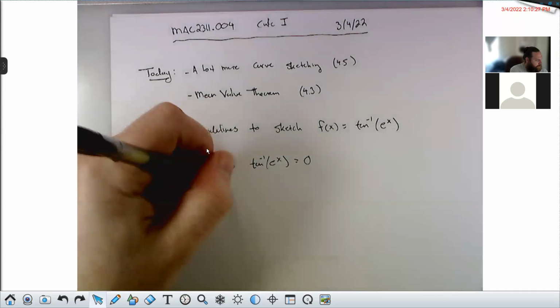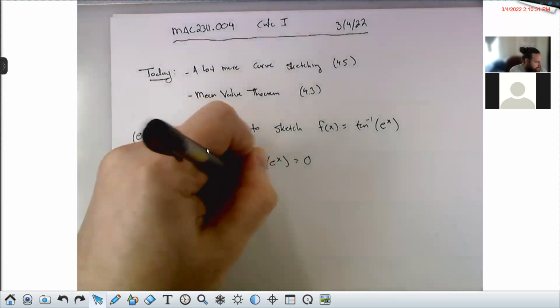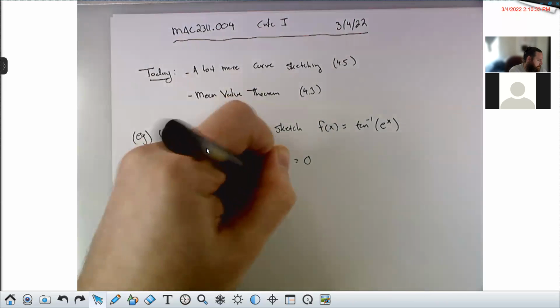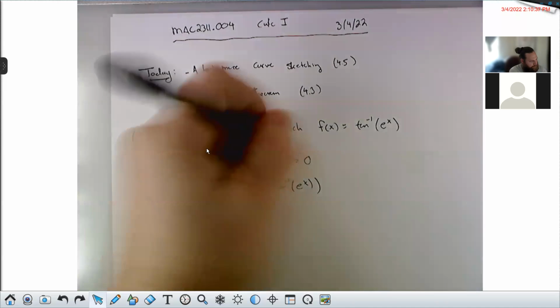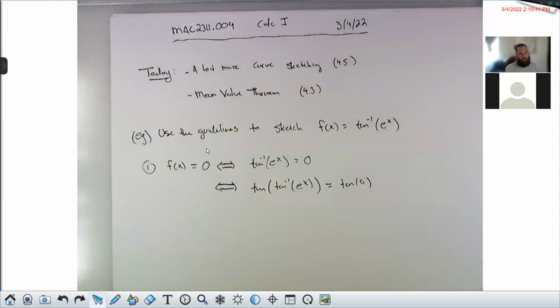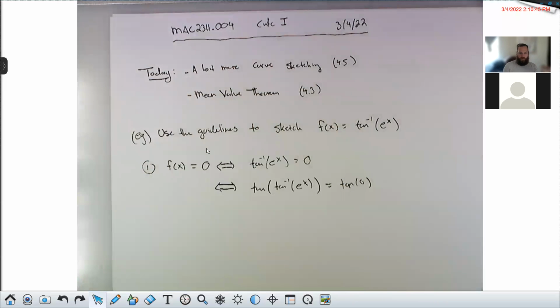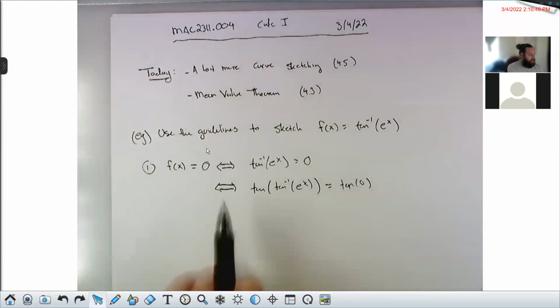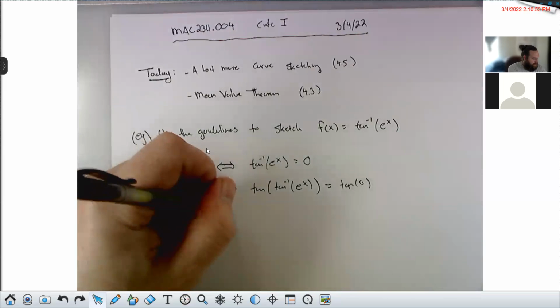You can solve this equation by taking the tangent of both sides. Just like you can use inverse tangent to undo tangent, you can use tangent to undo inverse tangent. On the left-hand side, the tangent of the inverse tangent of e to the x is just e to the x.